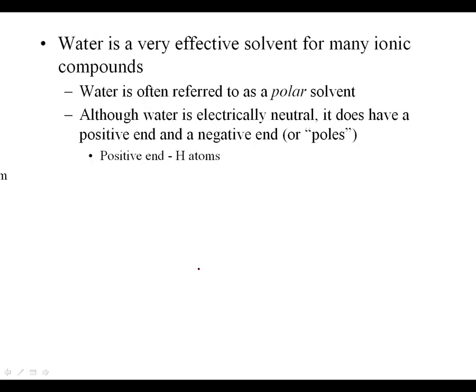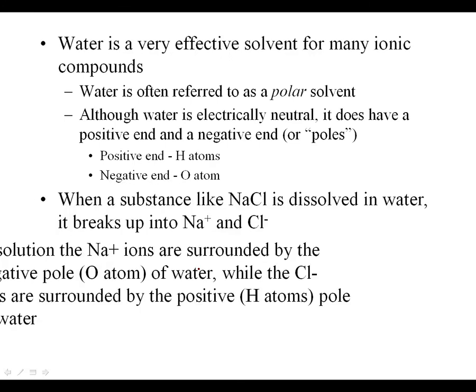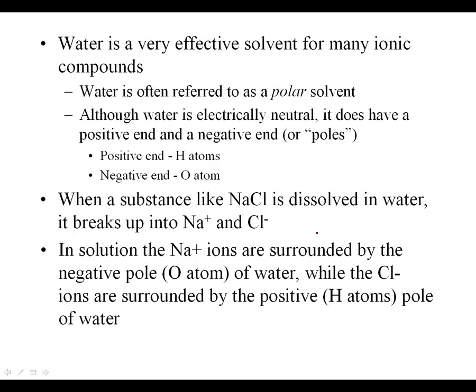So as I mentioned, water is a very good solvent, and it's a very good solvent for a lot of things. And that is, again, because water is polar. So as we've been talking about before in previous chapters, including the last one, water basically has 2 sides. It has a side that is more positive, which is where the hydrogens are, and it has a side that's more negative, where the oxygen is.